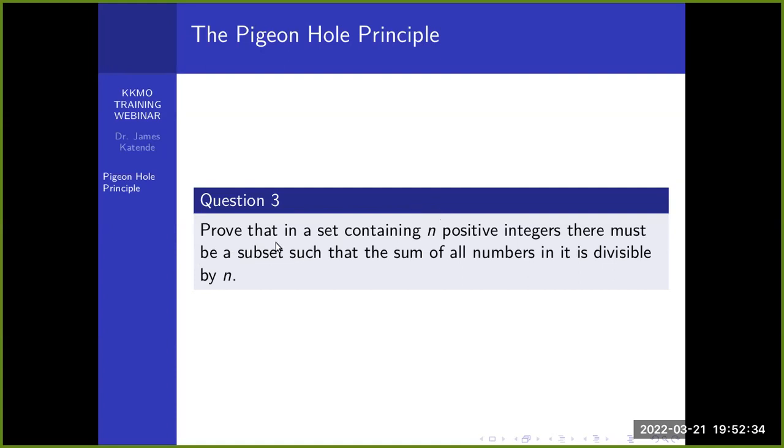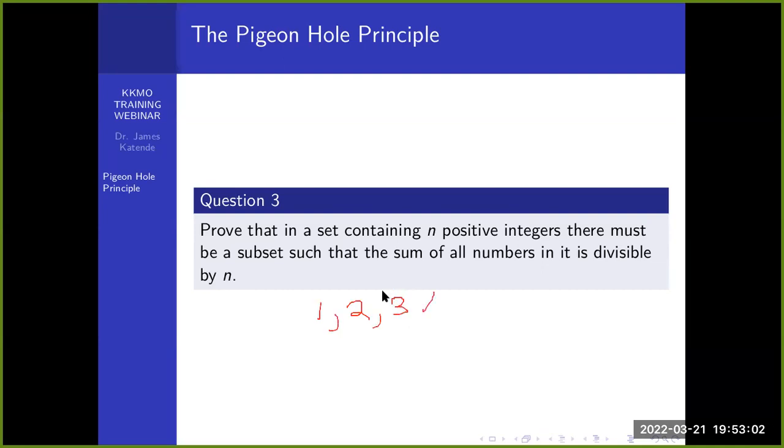Now the question asks: if you have a set containing n positive integers, show that there is a subset such that the sum of the numbers is divisible by n. So if you have any n integers, this must work. I gave an example: the integers do not have to be consecutive, but it is easier.